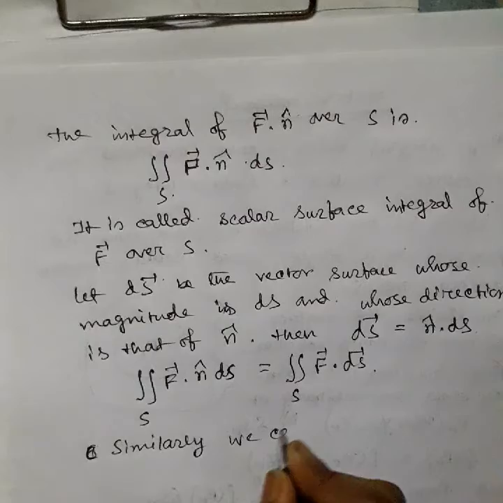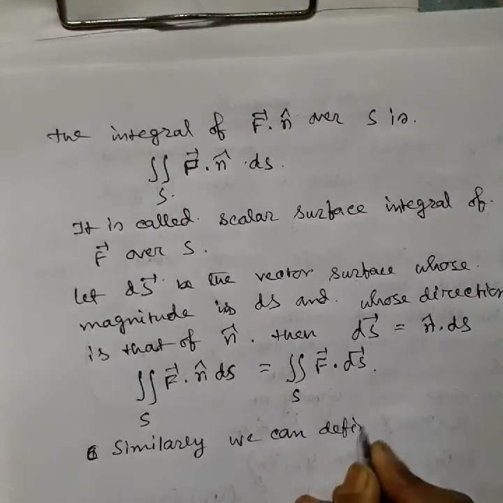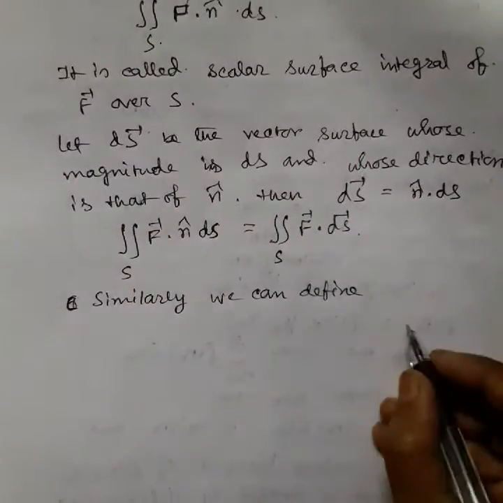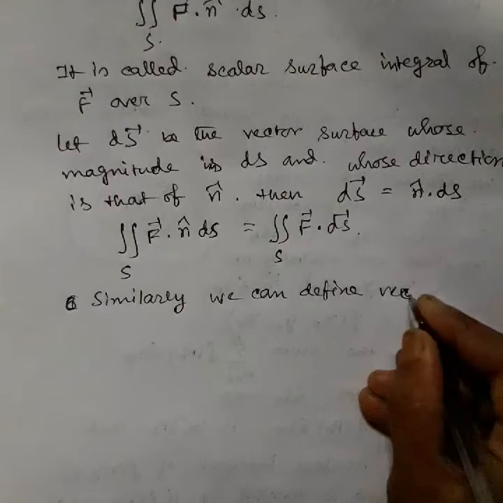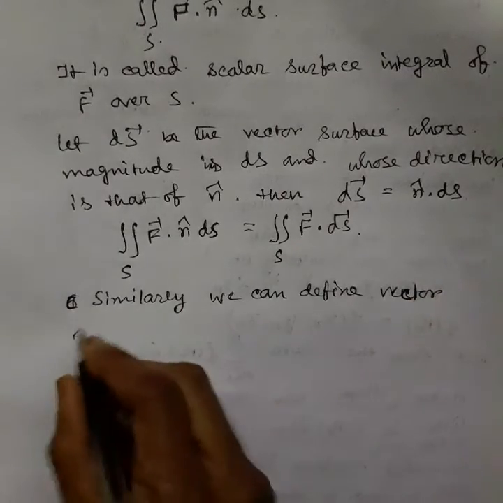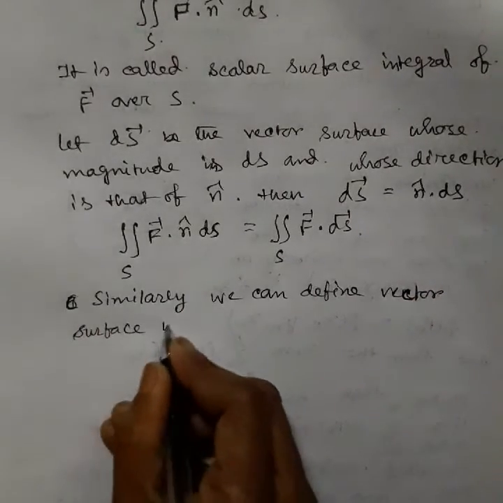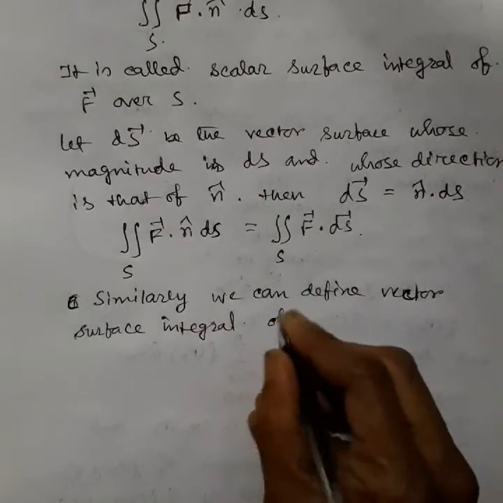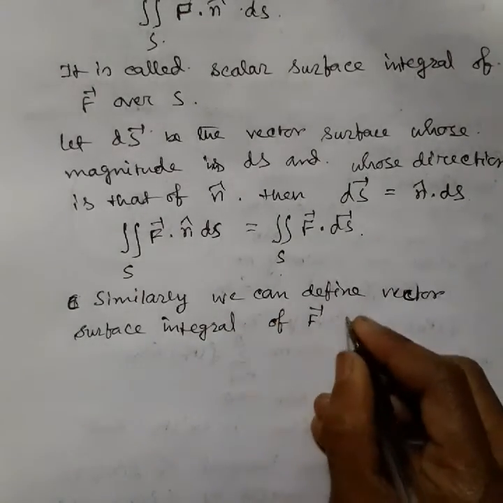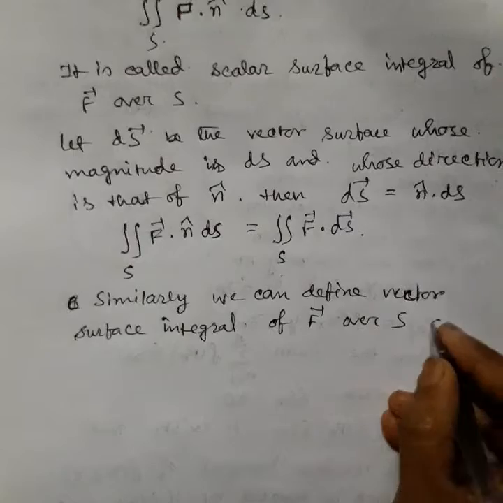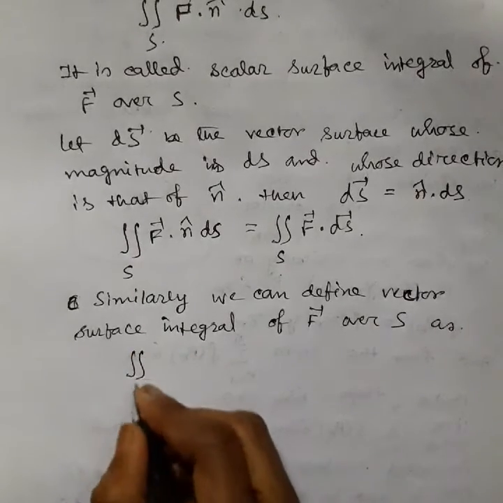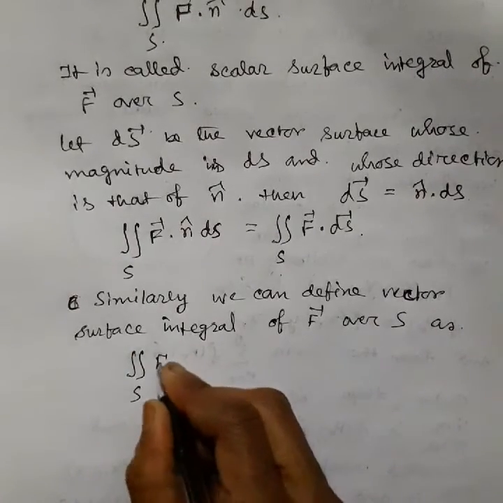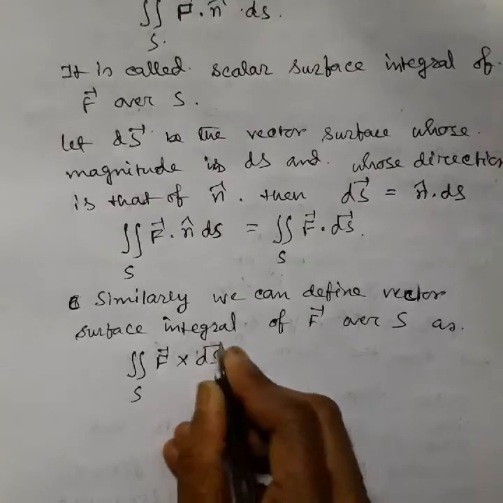Similarly we can define the vector surface integral of F vector over S as double integration over S F cross dS.